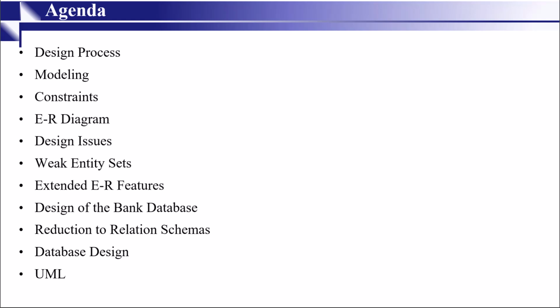We will see how an ER model can be transformed into a set of relation schemas and how some of the constraints can be captured in that design. So we will go through the design process, modeling, constraints, ER diagrams, design issues, weak entity sets, extended ER features, design of the bank databases, reduction of relation schema, database design, and UML.